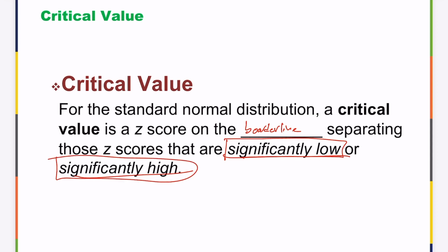Remember, we want to determine whether our sample is significantly low or significantly high. If the sample is significant, we will be rejecting the null, rejecting the assumption.